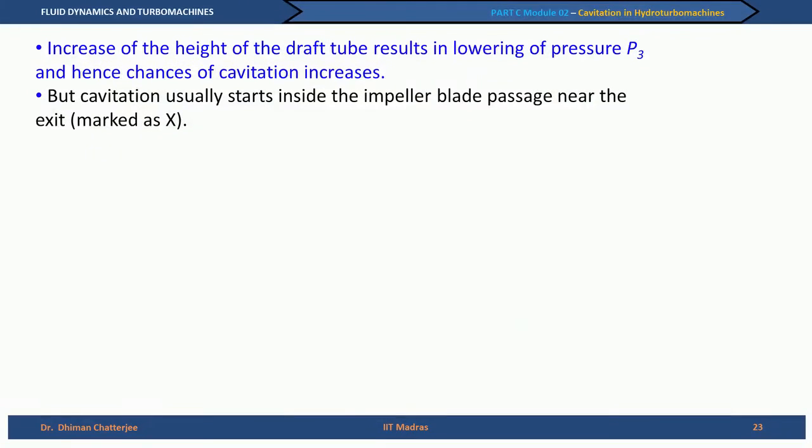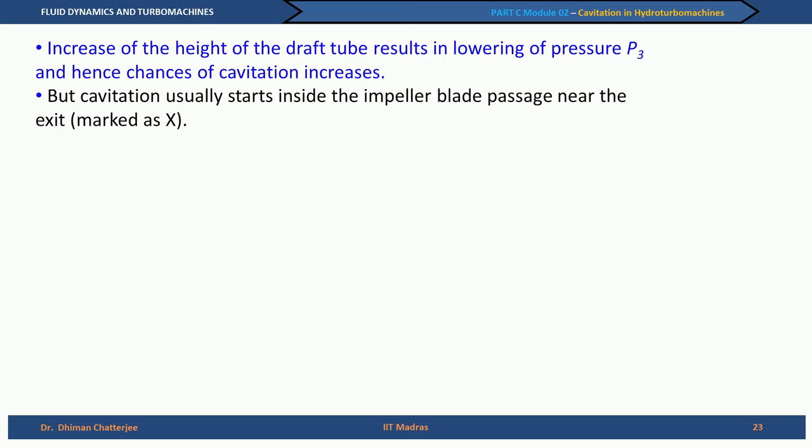So, if we increase the Hs, as we have already discussed, the pressure will reduce, and like we have discussed in case of pump, cavitation starts inside the impeller blade passage near the exit. Please note this difference. In case of pump, the lower pressure is at the inlet of the impeller.